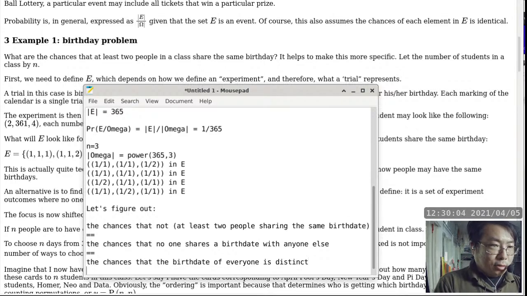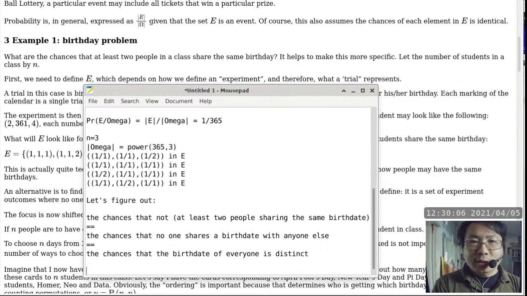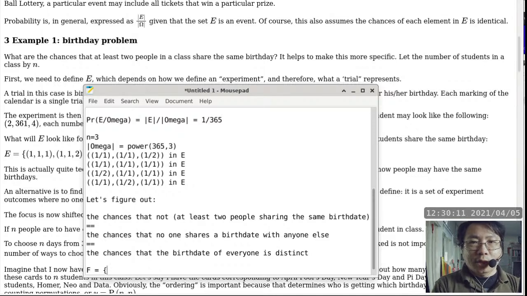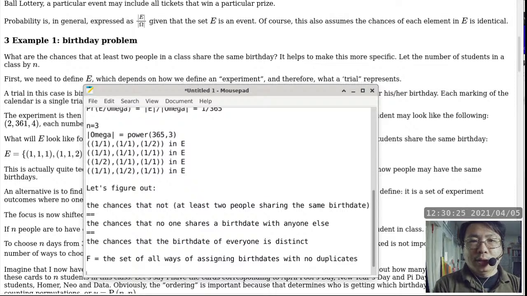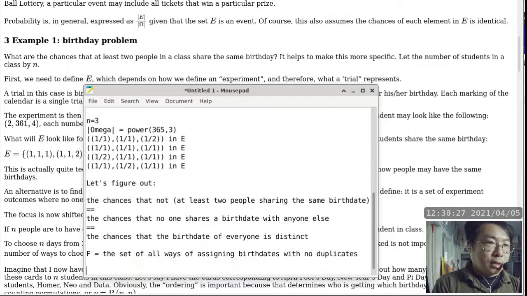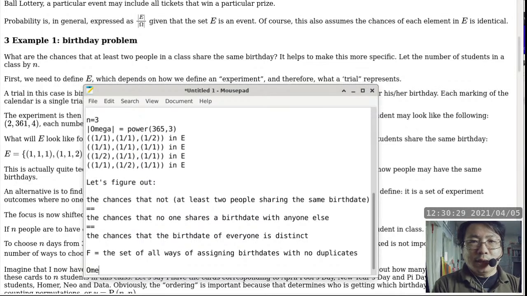But Angel is correct. So if we use this as our new event, if F equals the set of all ways of assigning birth dates with no duplicates, then what Angel said is true, because E union F equals omega.